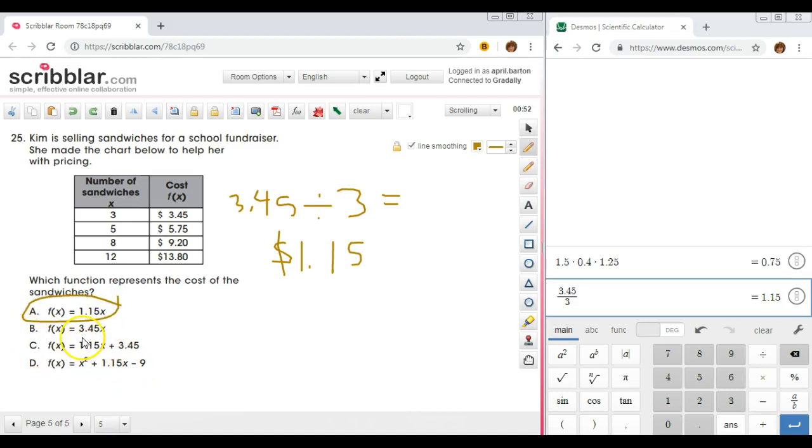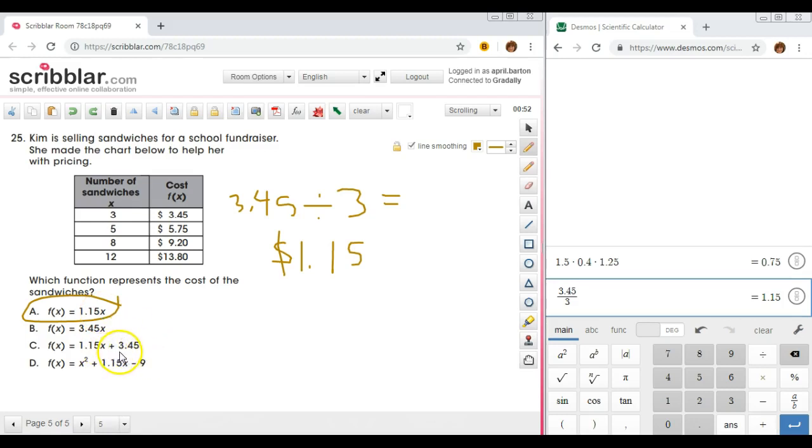Even though answer choice C or D also has the 1.15 in it, since it's only sandwiches, we didn't have any other type of item, there's no drinks, nothing else, it's just the cost of each sandwich times however many sandwiches you buy.